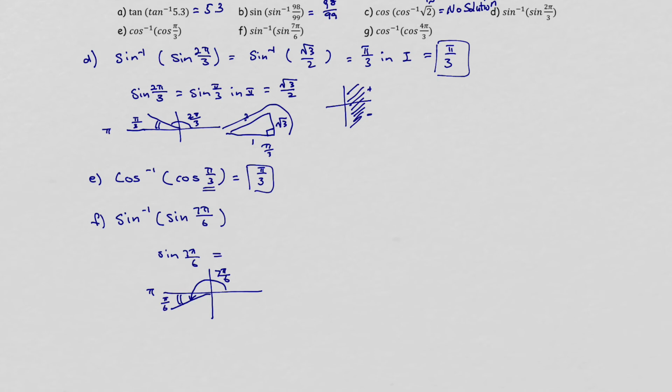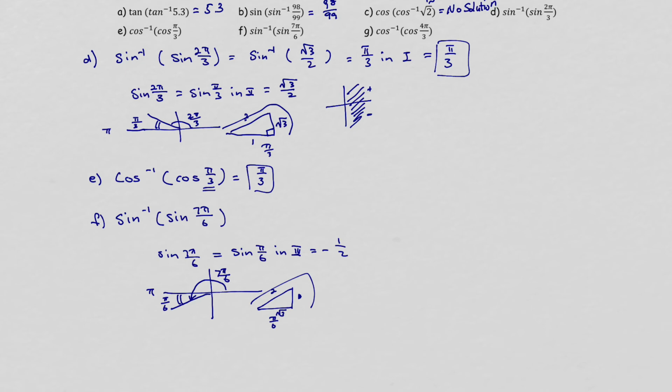So this is going to be sine pi over 6 in third quadrant. Pi over 6 is 30 degrees. So that should be the smallest side, and this is square root of 3, and this is 2. And your sine is going to be 1/2. In a third quadrant, that will be negative.